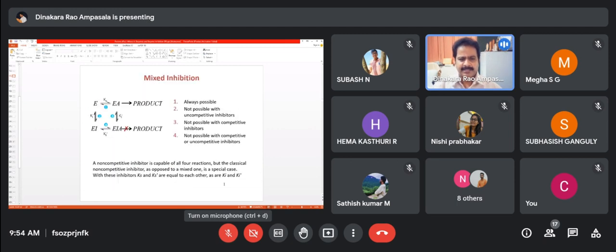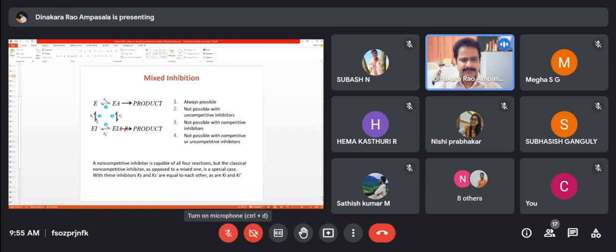Okay, so to understand mixed inhibition in an enzymatic reaction, you can see the enzyme interacts with the substrate to form an enzyme-substrate complex, and if it proceeds further, you get product. In the second reaction, Ki, the enzyme interacts with the inhibitor and forms an enzyme-inhibitor complex.